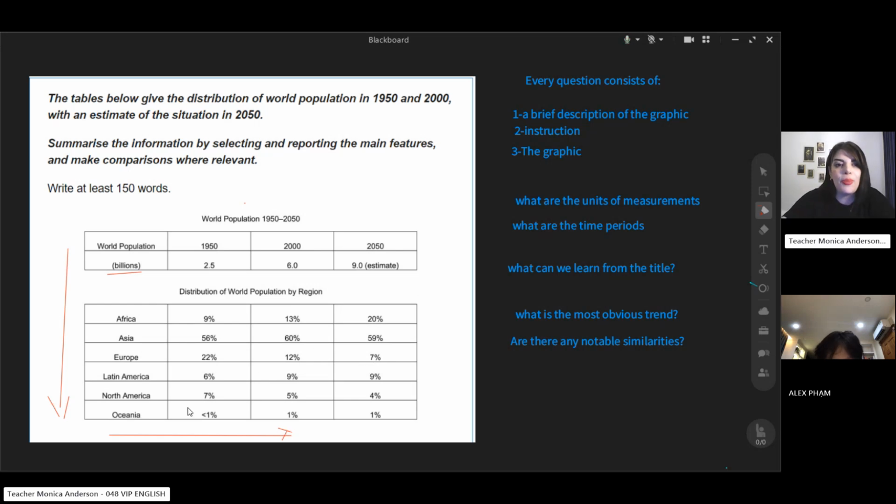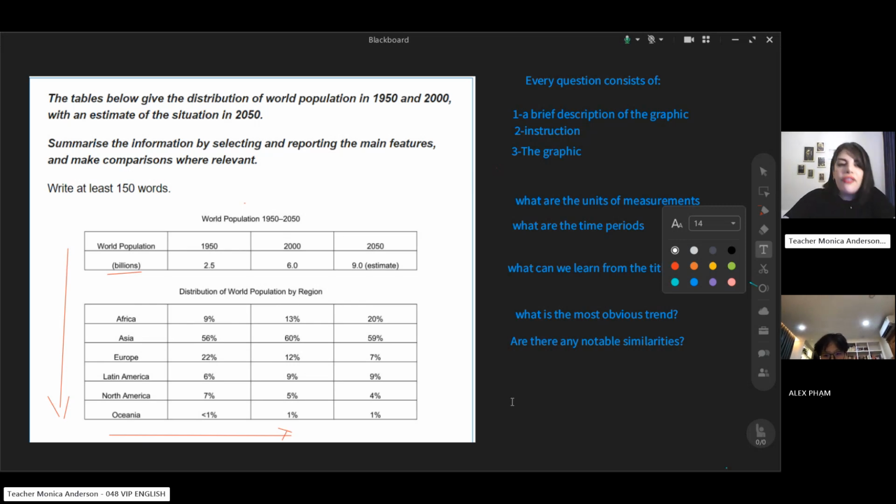So first of all, how many main features do we have, do you think? 3, of course, yes, just be sure. We have 3 main features, because we have different regions but 3 specific years.